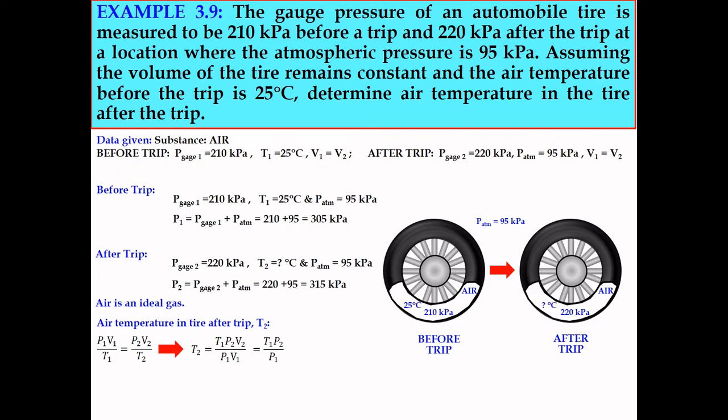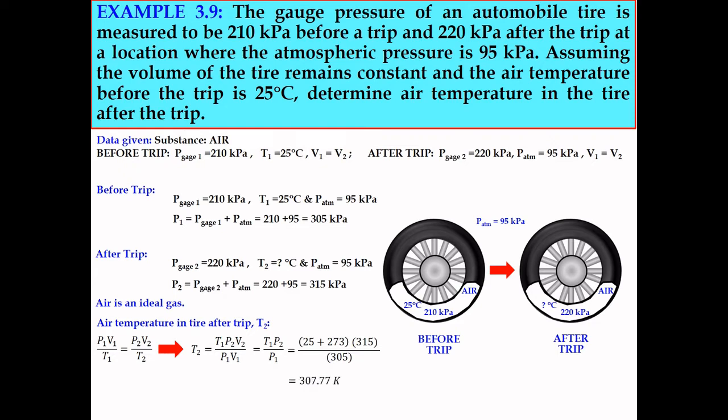So we already have all the data for T1, P2 and P1, but we need to remember that to use the ideal gas equation, T must be in Kelvin and P must be in absolute pressure. So we have 25 plus 273 in order to change the temperature unit from Celsius to Kelvin, multiplied by 315 kPa divided by 305 kPa.